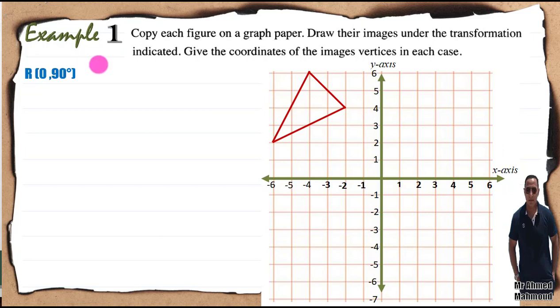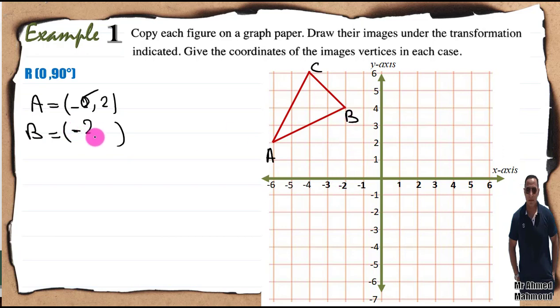First I'm going to call the points A, B and C. A equals negative 6, 2. B equals negative 2, 4. C equals negative 4, 6.